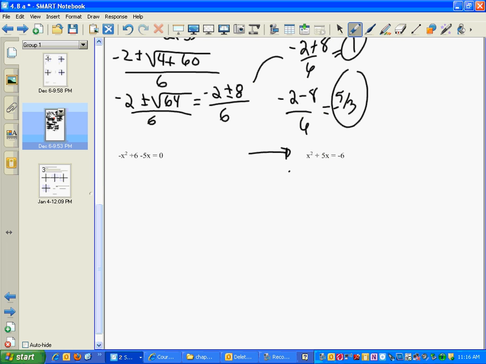It is good for you to identify what A, B, and C are. And you can't do this unless it's set equal to 0, which means the 6 comes to the left before you identify your A, your B, and your C.